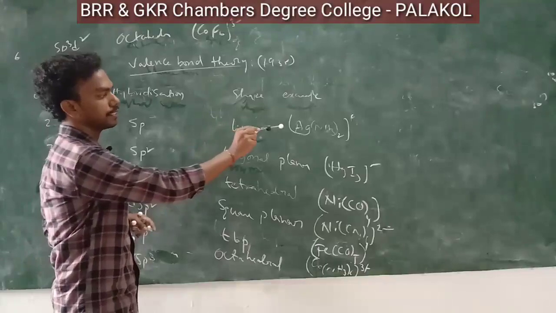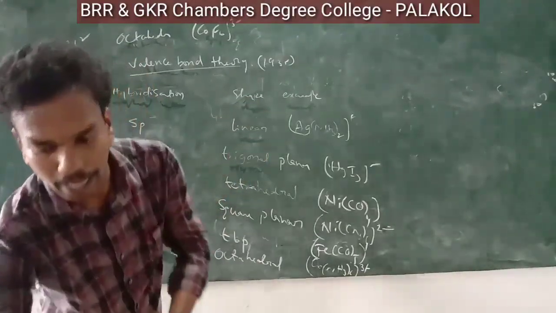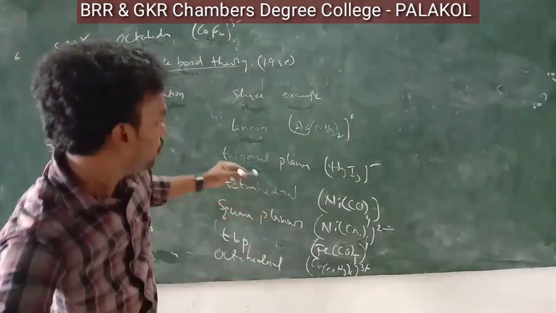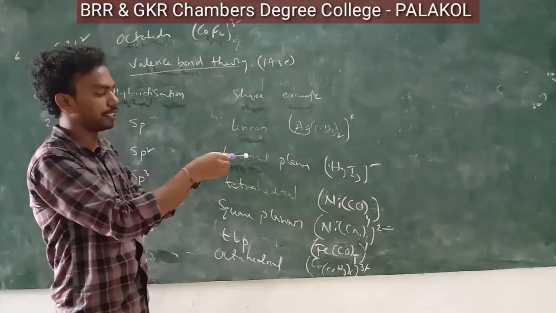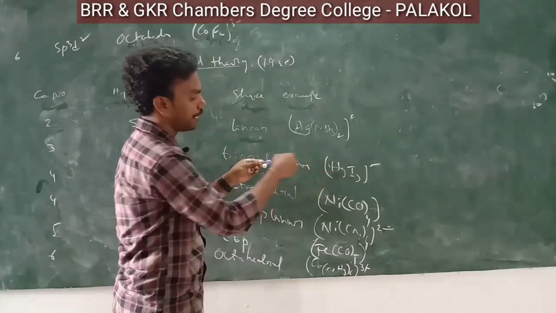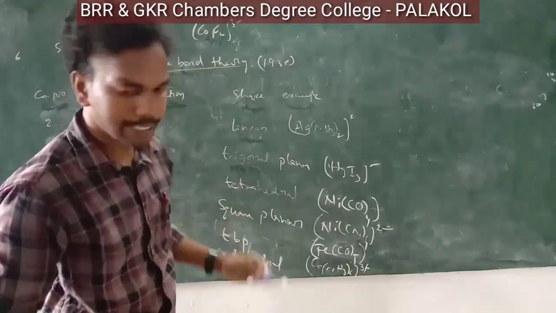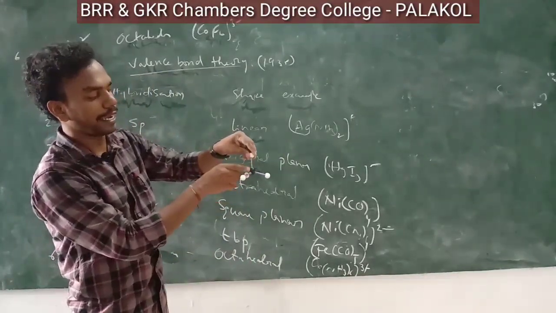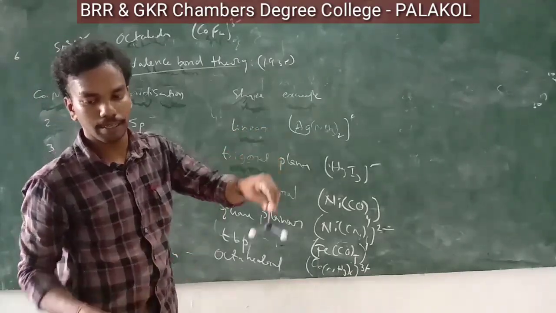Next, trigonal planar: the blue ball is Hg, mercury, and 3 iodines form a trigonal planar structure. Next, tetrahedral, where one angle is 109 degrees 28 minutes, with one central atom and 4 ligands.